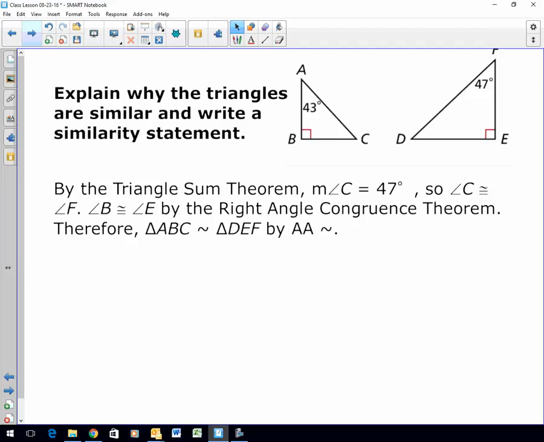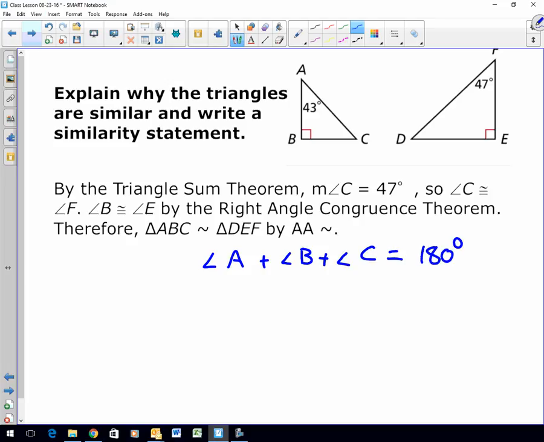The angles of a triangle have a sum of what? 180 degrees. So angle A plus angle B plus angle C will always equal 180 in any triangle.